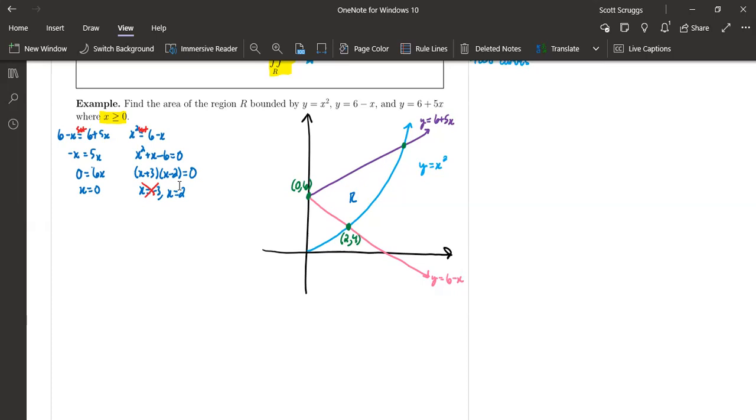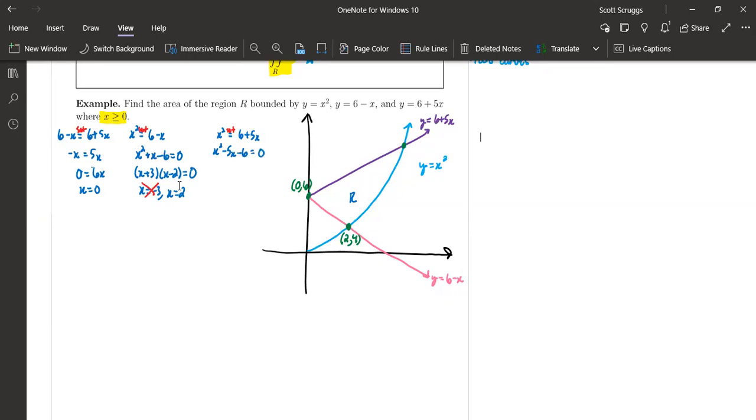And now let's repeat that process for the intersection between x squared and 6 plus 5x. Just like with the previous intersection, let's go ahead and move everything to the left-hand side of the equation. That will give me x squared minus 5x minus 6 equals 0.